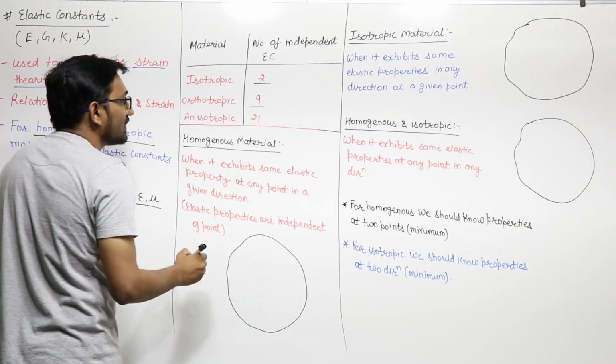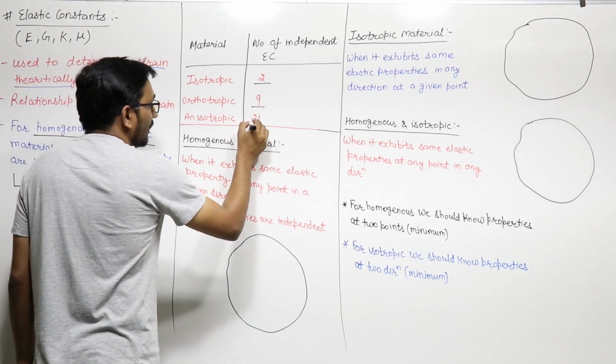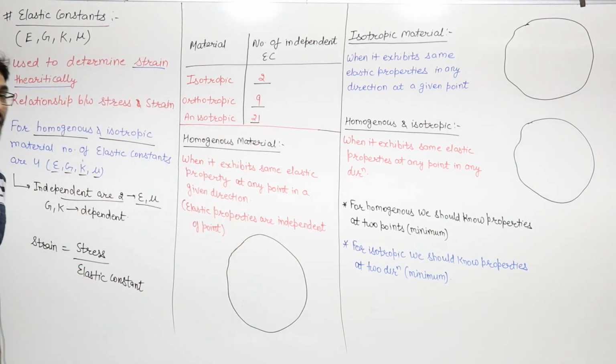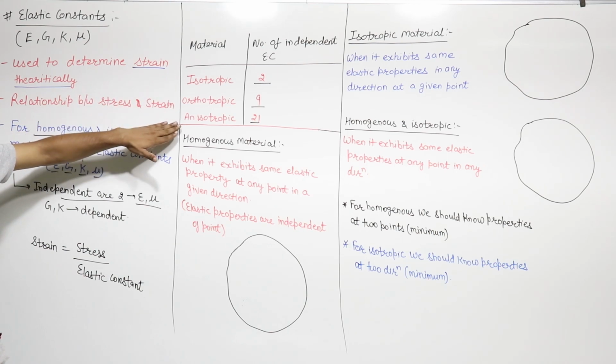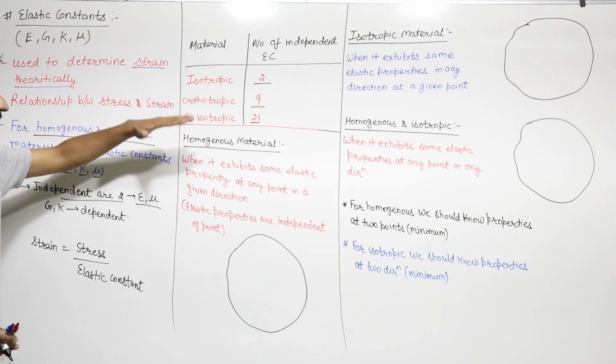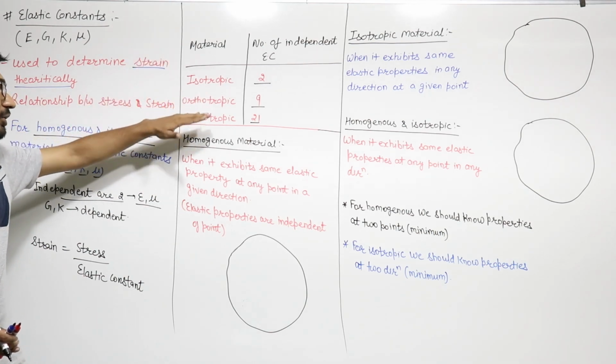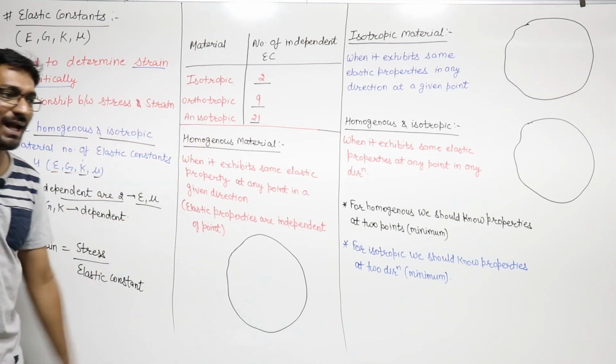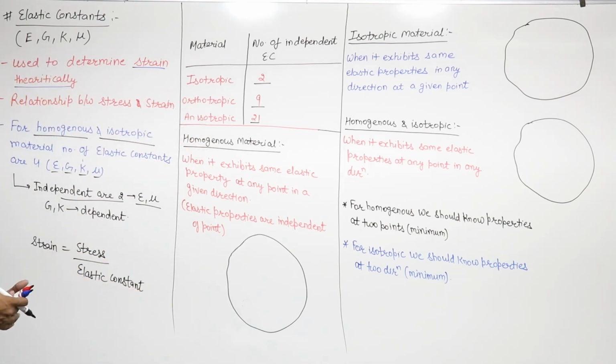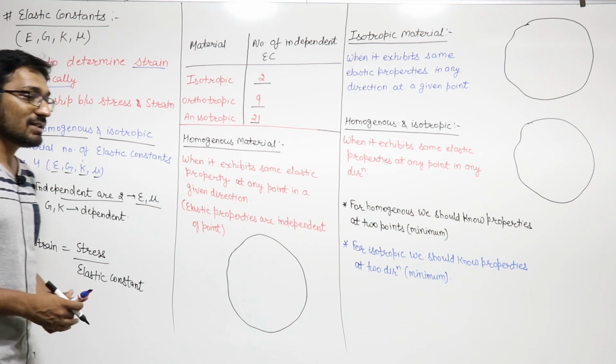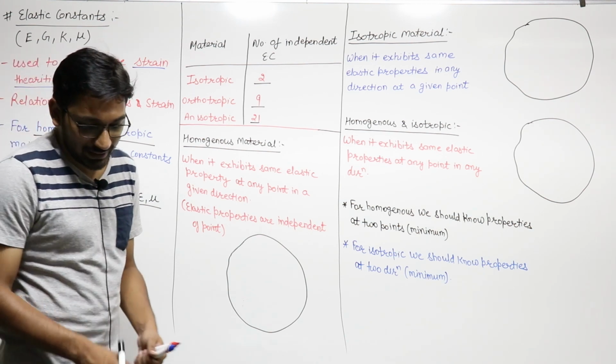And if the material is anisotropic, then the number of independent elastic constants are 21. Right? We will see what is the meaning of these 3 types of material, how we can define isotropic, orthotropic and anisotropic material. First of all, let us say what is the meaning of homogeneous material.